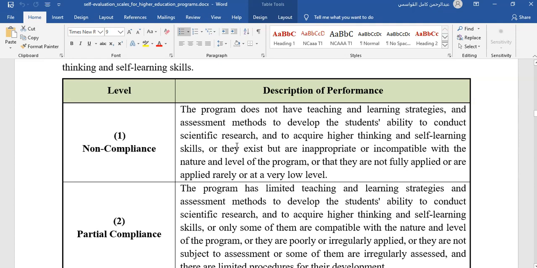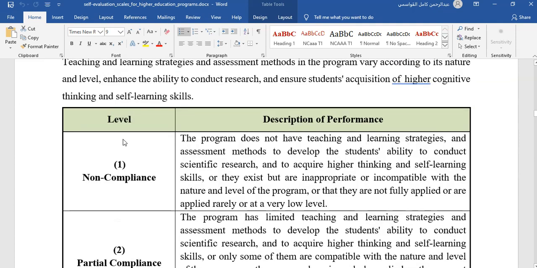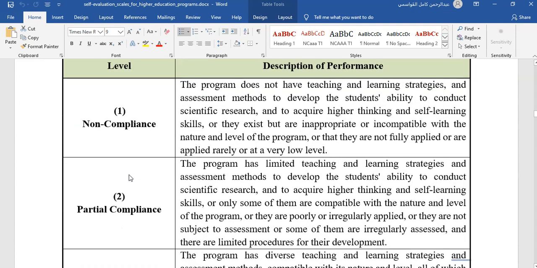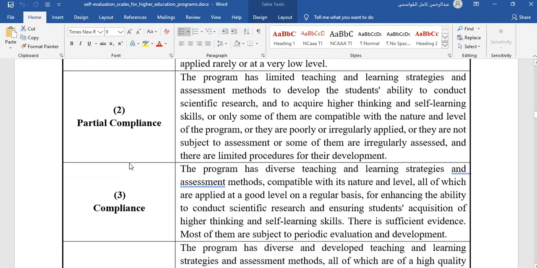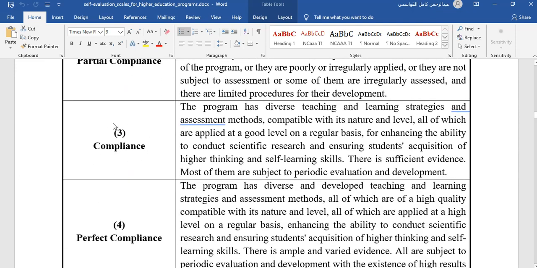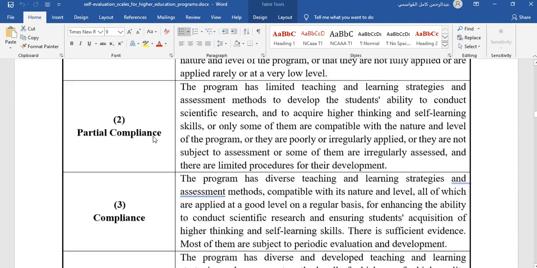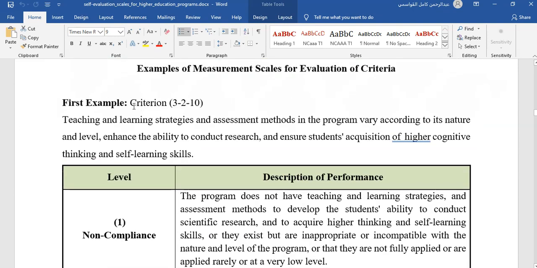What levels do we have? This is the level of non-compliance. This is partial. We will start from level number 3. This is an example about this criterion.